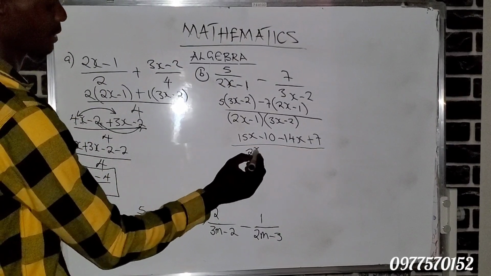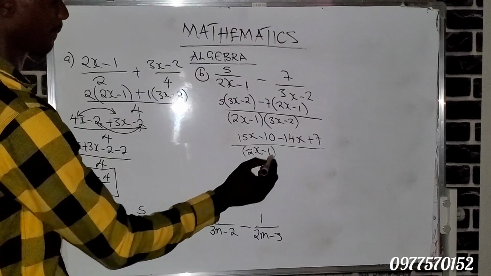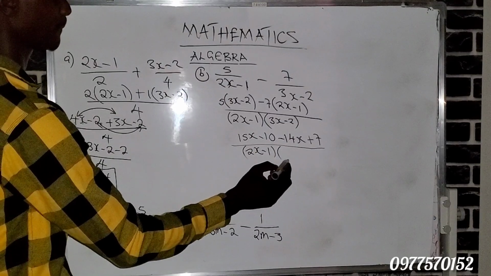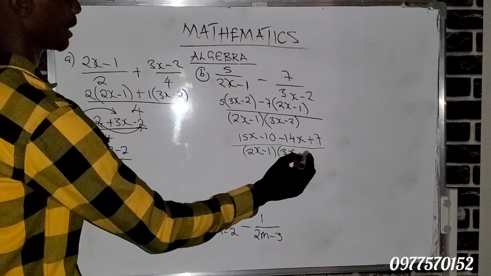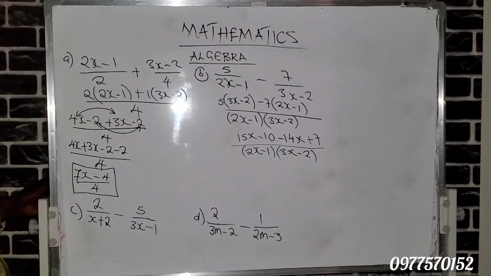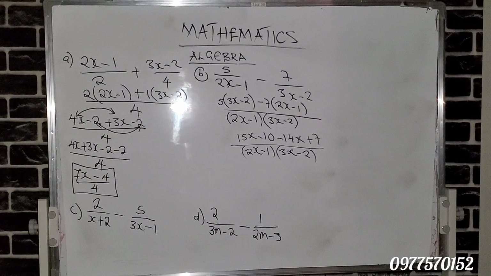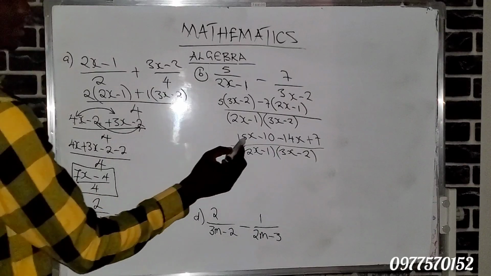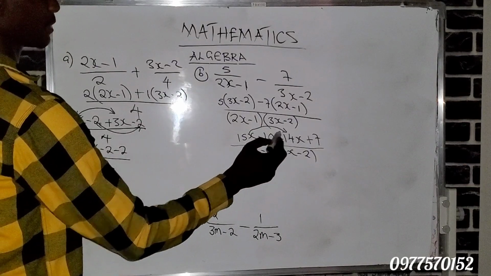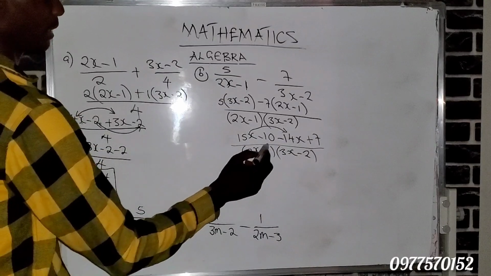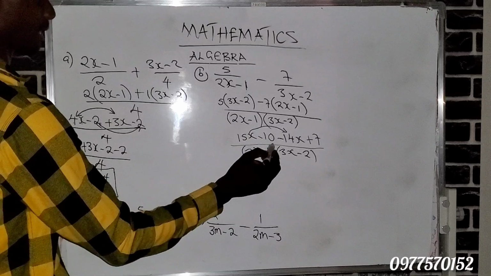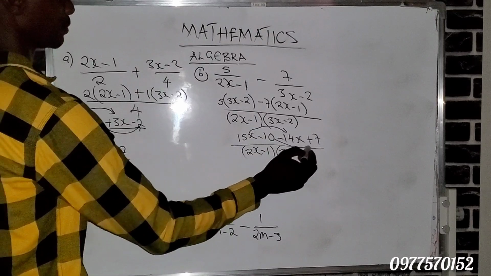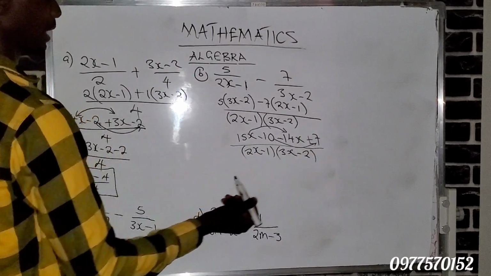Don't forget to write the denominator: 2x minus 1 times 3x minus 2. Then on top you have like terms. This is 15x and this is 14x. Don't write what I'm writing here; I'm just writing to show you that this one and this one are like terms.